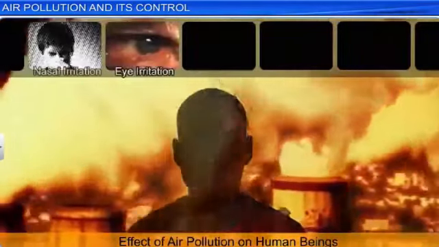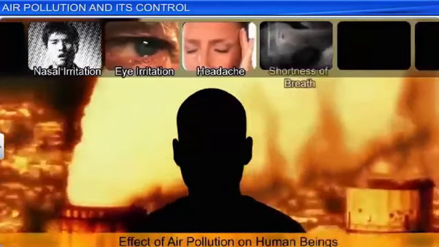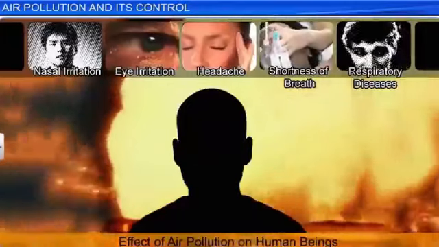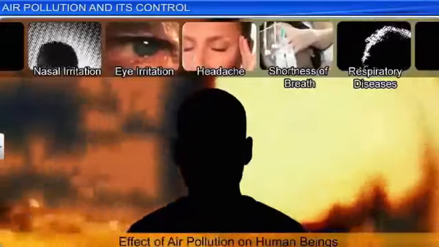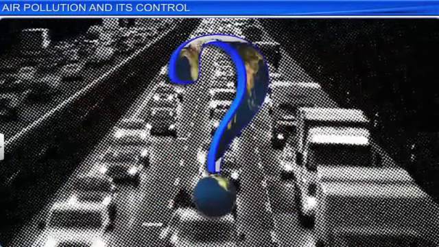Eye and nasal irritation, headache, shortness of breath, and respiratory diseases are some of the harmful effects of air pollutants. Every year, the health of people and roadside plants has been deteriorating due to a continuous rise in air pollution. So, how do we make our environment healthier?